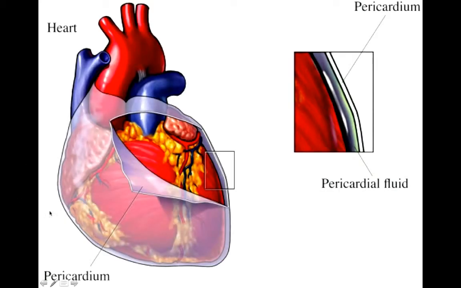Here is another representation of the pericardium as a pericardial sac, as you call it. So it's a sac that contains the heart in it. And here is a magnification, and you also see the three layers of it. The white one is the parietal pericardium, the pericardial space with the fluid, and the visceral layer over here.